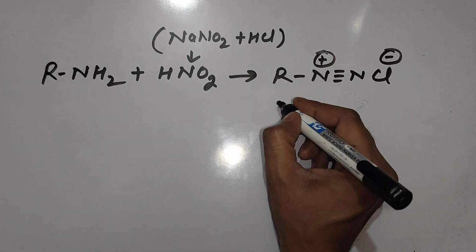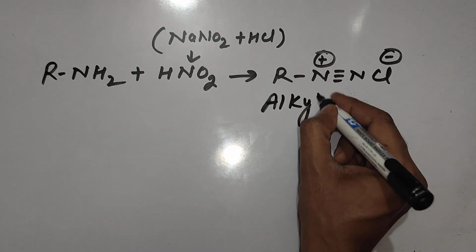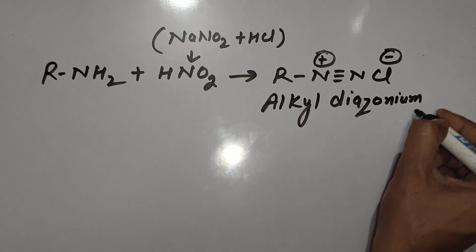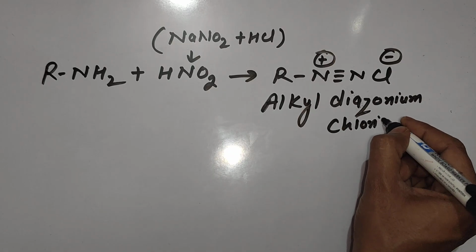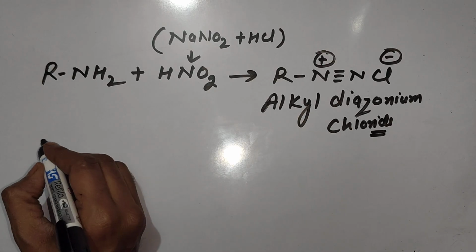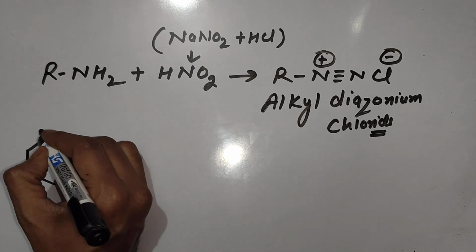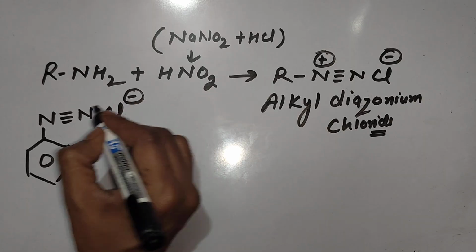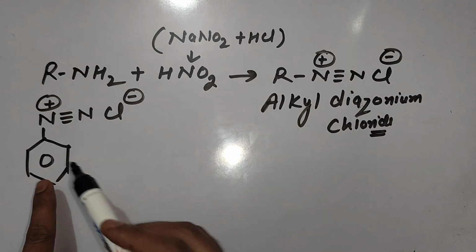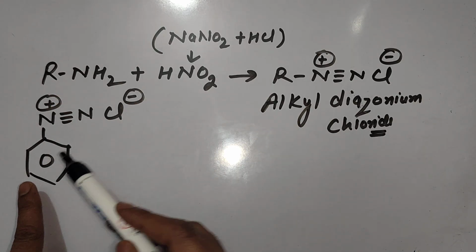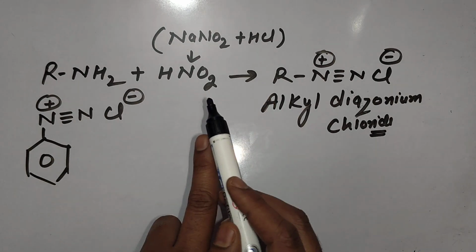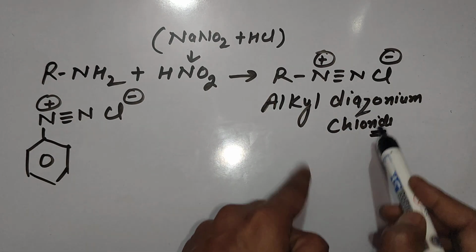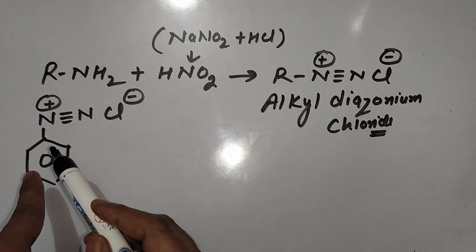This is alkyl diazonium chloride. One compound you have done in previous videos, benzene diazonium chloride. This is that. Only the difference is here I have used a benzene ring and here I am using an alkyl part. Same category of compound they are. Alkyl diazonium chloride, and this is benzene diazonium chloride.